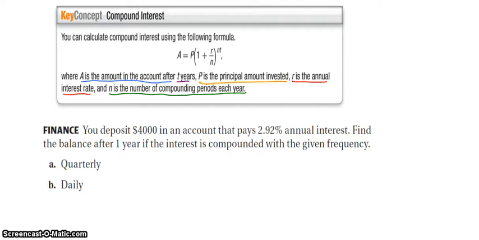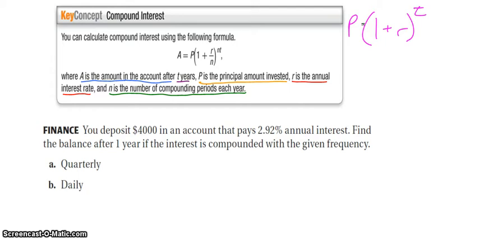Last but not least, we have to talk about money. So if we just have what's called simple interest, you accumulate interest on money you put into the bank once a year. We use the idea that we have 1 plus your rate to the time and then your principal amount.